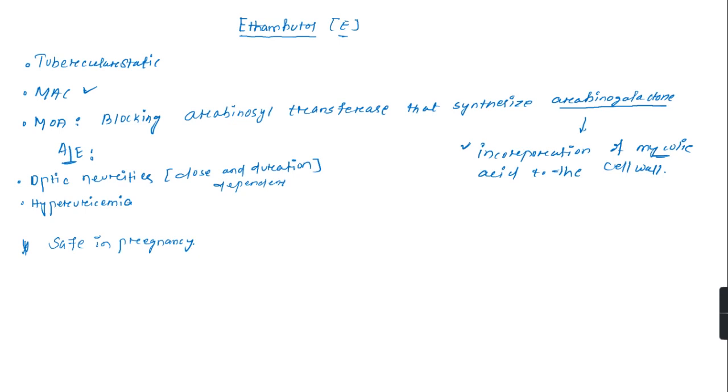Other drugs that can be used in tuberculosis are like kanamycin. Kanamycin is an aminoglycoside antibiotic.